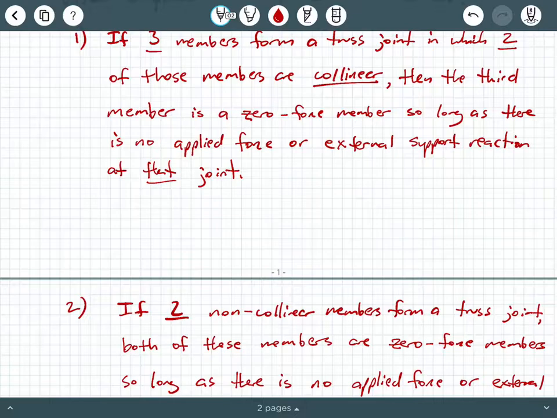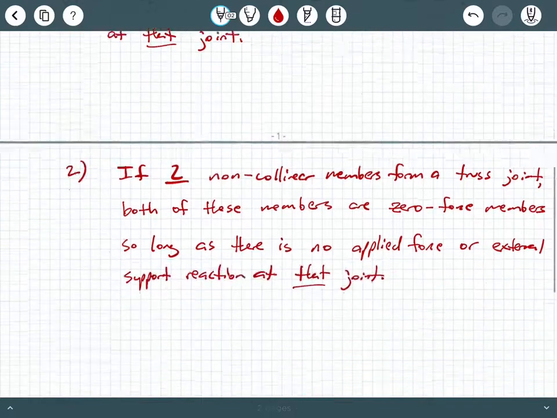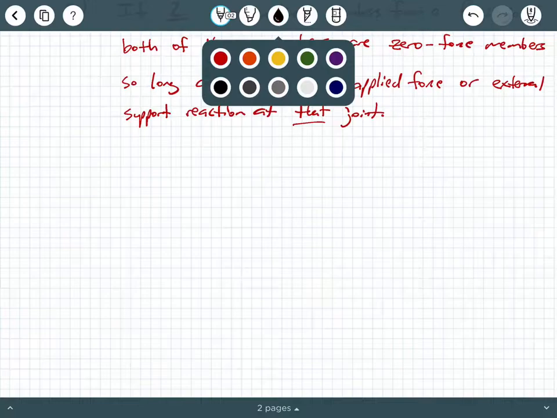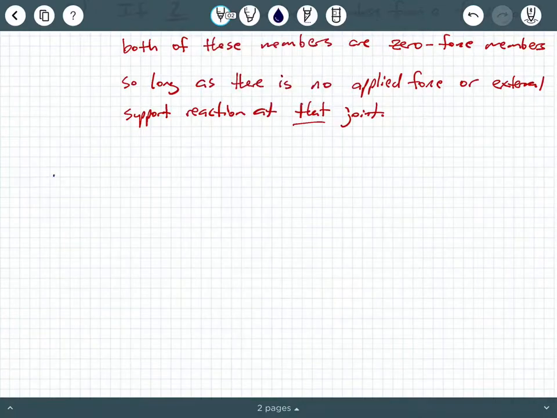So these two criteria you need to really absorb and make sure you remember them. You basically need to memorize these. In the next couple of videos we're going to do some examples where we illustrate these.